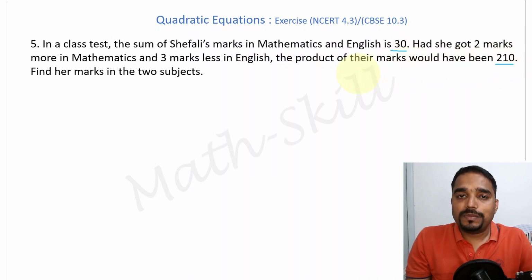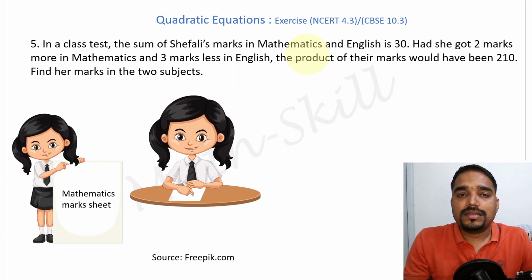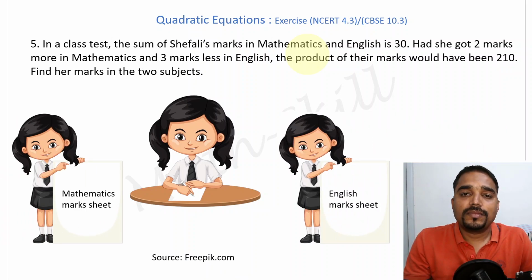Satisfying this condition, we will have to find the marks of Shefali in both mathematics and English.